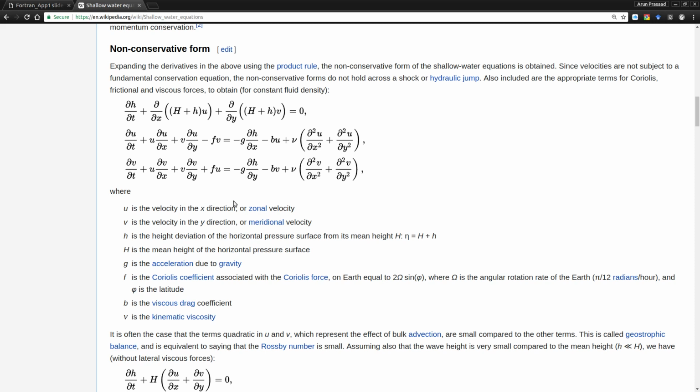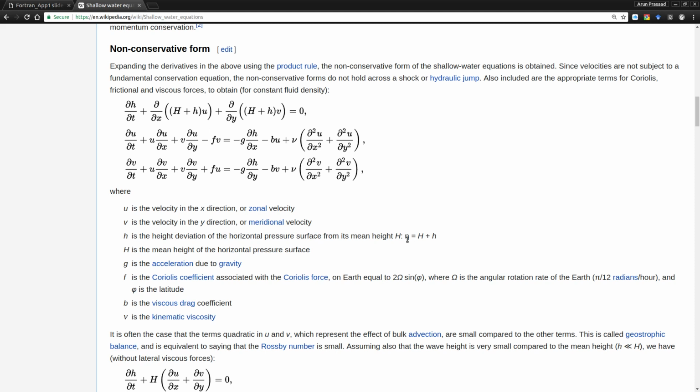Since this is more related to geophysical fluid dynamics, the flow of motions on a planetary scale or a simplified form of that, sometimes you call them zonal velocity and meridional velocity. And h is the deviation of the horizontal fluid level. There is actually a constant height level of fluid, and the perturbations from it are called small h.